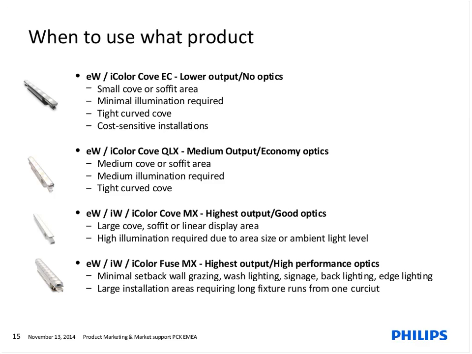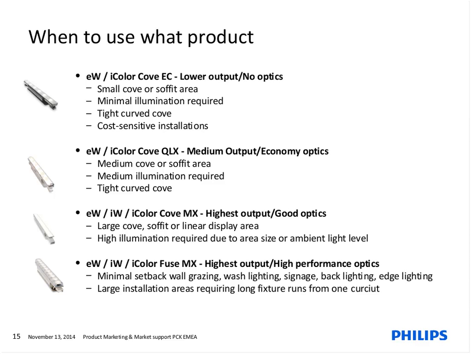So you can use it in a small cove or soffit area when minimal illumination is required, when you have a tight curved cove, or you have a cost-sensitive installation, because it's not only the lower lumen output, it's also the lower price, of course. So if you're really struggling with the budget, Cove EC might be a good solution option for you.